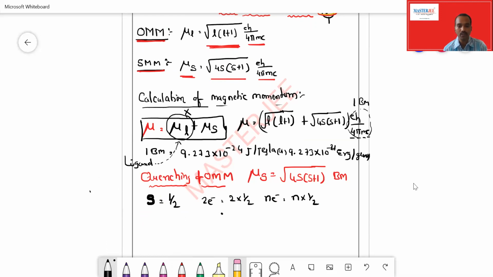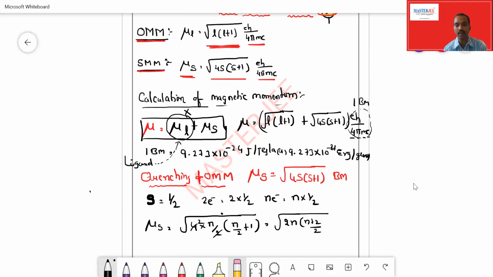So if you substitute this value, mu s is equal to root over 4 into n by 2 into n by 2 plus 1. So here we can write that it is equal to root over 2n into n plus 2 by 2.